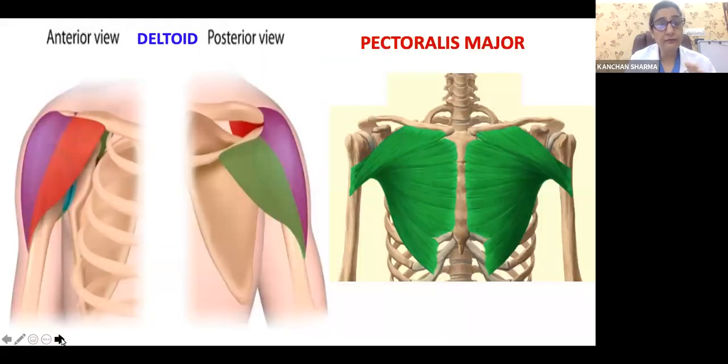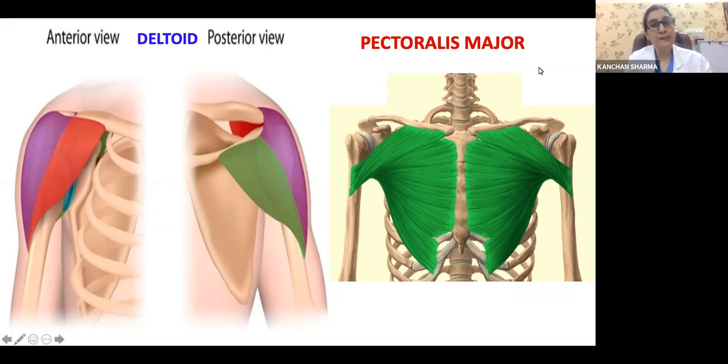Okay. Now, two more muscles which you should know. One is your deltoid. Deltoid, you have anterior fibers, middle fibers, and then the posterior fibers. So these three fibers will be covering the whole of our shoulder joint from outside. Okay.